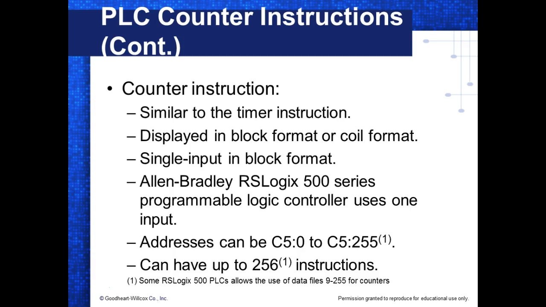I set up a timer up in data file 9 the other day. Once we set up a data file, we can have up to 256, from 0 to 255, counters inside the data file, right? Everybody okay? If you have more than that, then you would have to use one of these, 9 to 255, if it's supported by the PLC that you have.